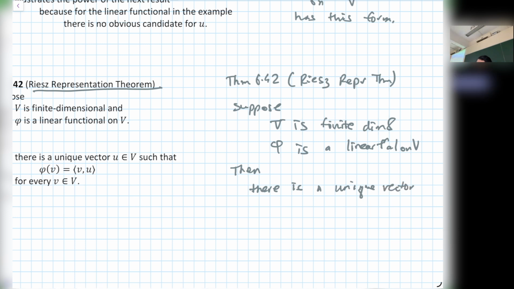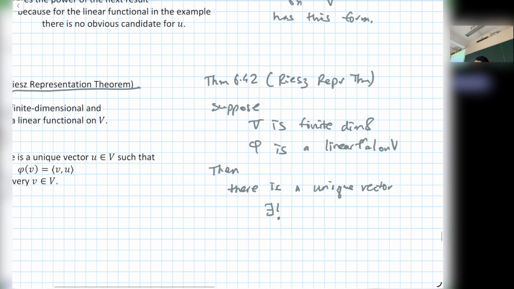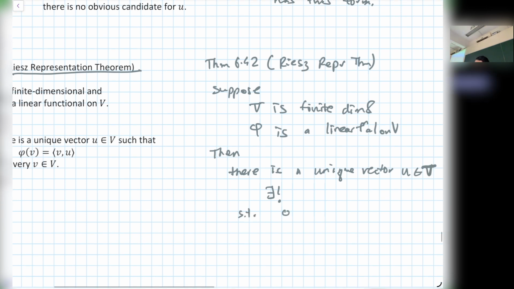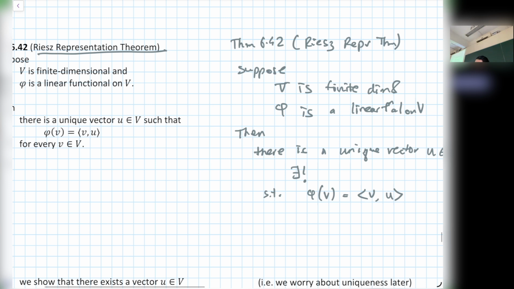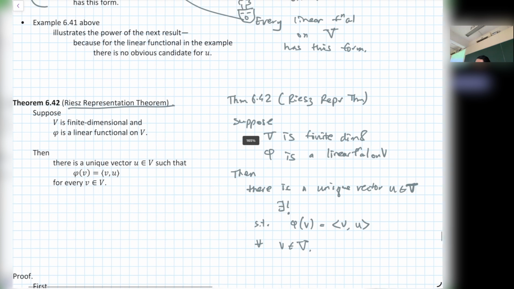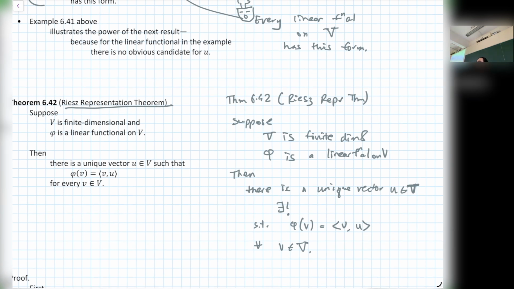Sometimes this is written as there exists with the exclamation point, which is the symbol for uniqueness, in case you haven't seen this before. So there exists a unique vector u in V such that phi of v is the inner product of v with u, for all v in the vector space. Is the statement clear? I've said it three times now, so it should be clear.